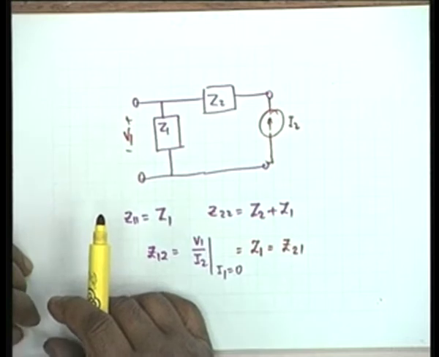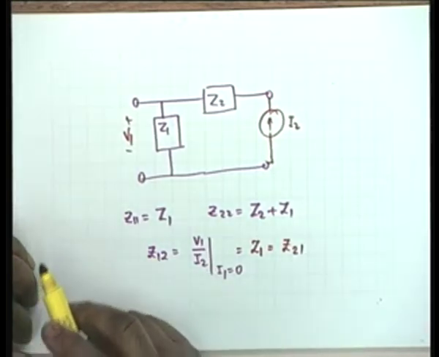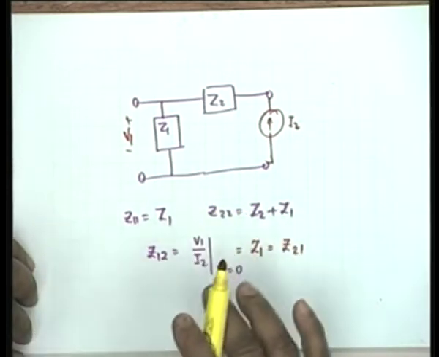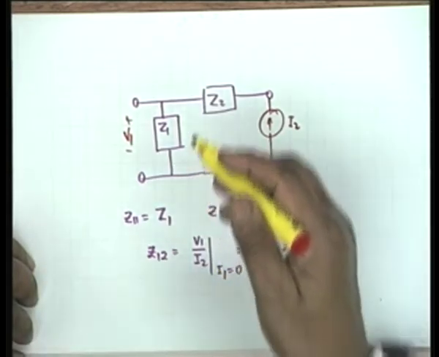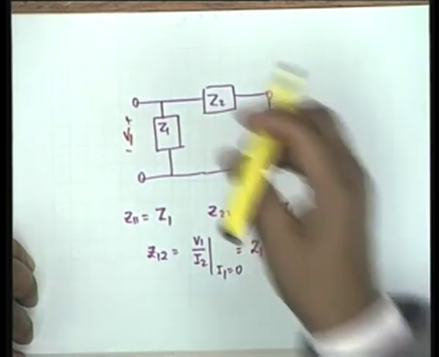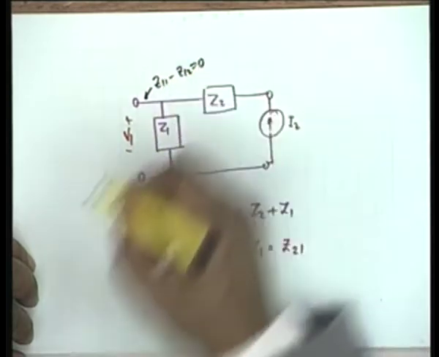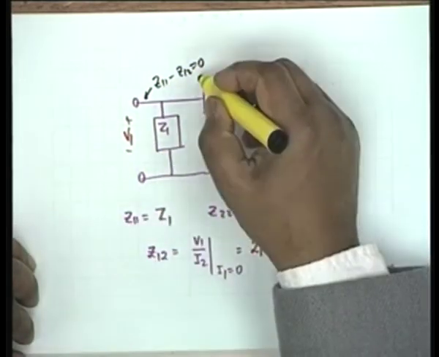Now there are many ways of looking at it. Okay. This is one way. The other way is you compare this with the T equivalent circuit. Alright. In other words, you write Z11 minus Z12 equal to 0, short circuit.